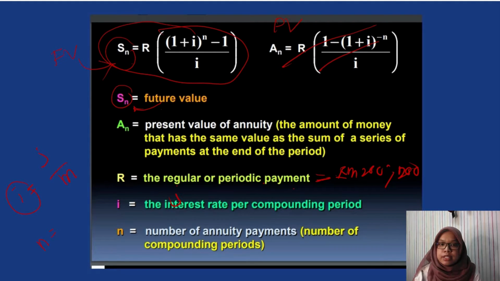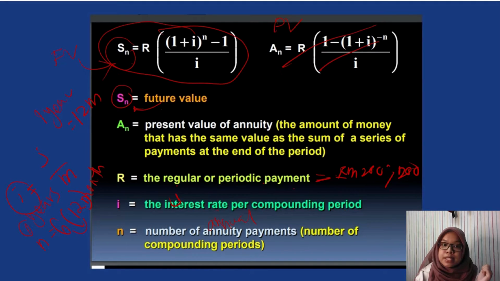For example, if the annuity is annual, annual is basically a year, so we need to translate it into months. So for example, we need to pay it for 6 years. So we need to multiply 6 by 12 months, since 1 year equals 12 months.